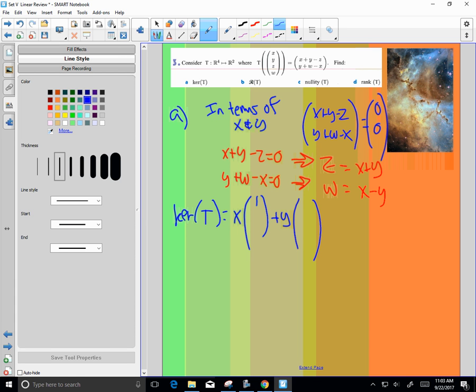For y, it's going to be no y's. And then w has 1x, and z has 1x in it. For y, there's no x and a y. In regular y, there's 1y. In w, there's a negative 1y, and in z, there's a 1y.